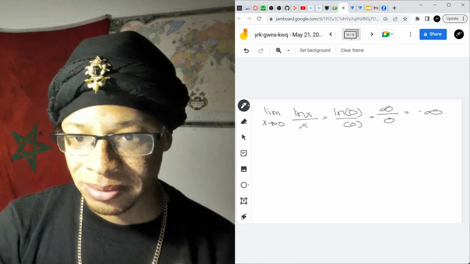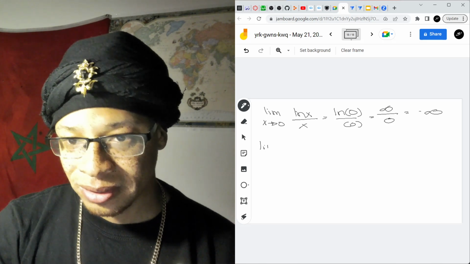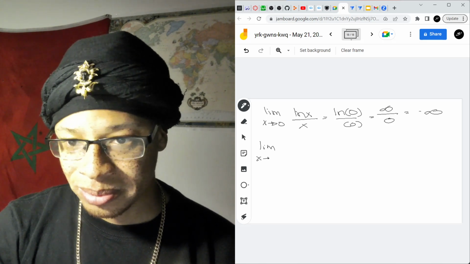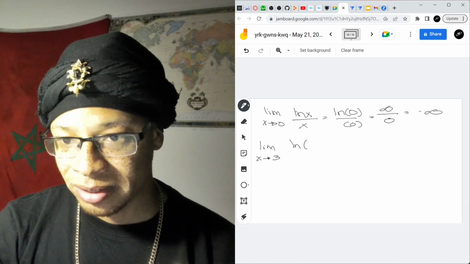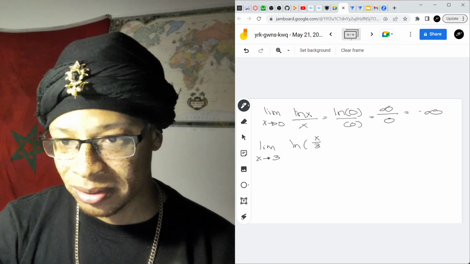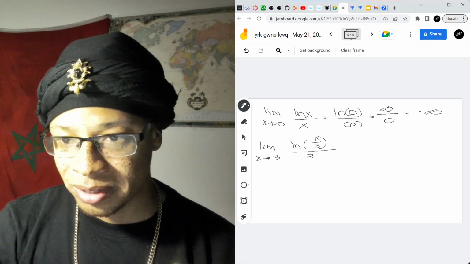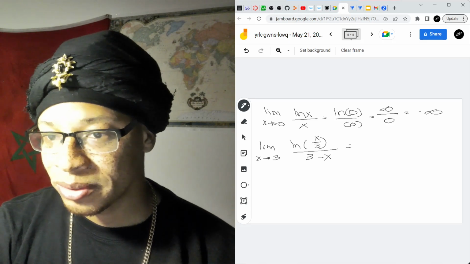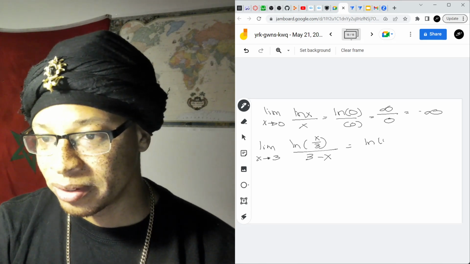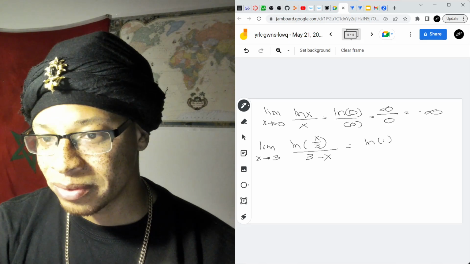This is another one. Do one more. So the limit as x approaches 3 of ln of x to the third divided by 3 minus x. Alright, let's throw the 3 in there. So ln of 1, because 3 divided by 3 is 1.